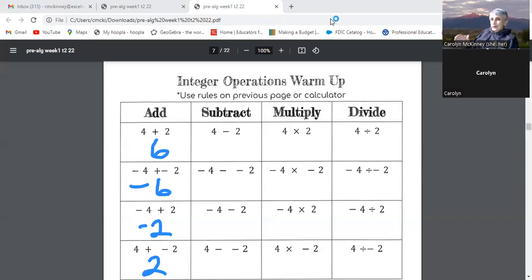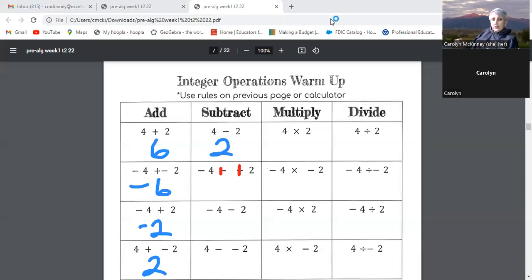Subtraction, we have our really straightforward usual subtraction. 4 minus 2 is 2. And then this is when you want to really think about the rule that says either keep, change, change, or that you add the opposite. When you see the double negative without a number in between, it's going to make both those turn into a plus.